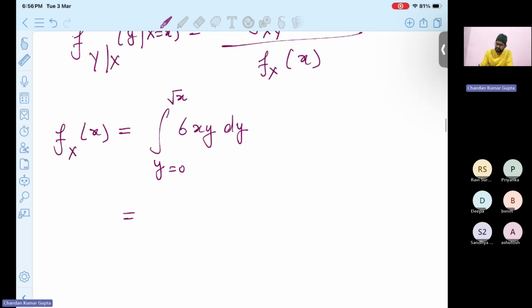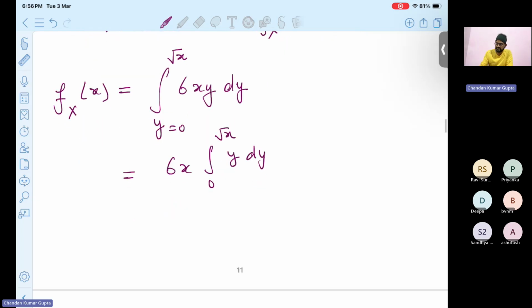Since y is the variable of integration, x is treated as constant, so 6x can be taken out of the integral sign. The integral from 0 to root x of y dy, everyone knows, is y square by 2, from 0 to root x.